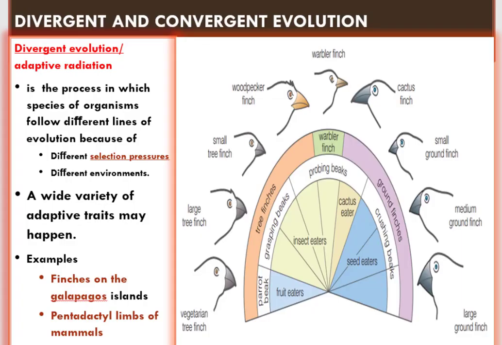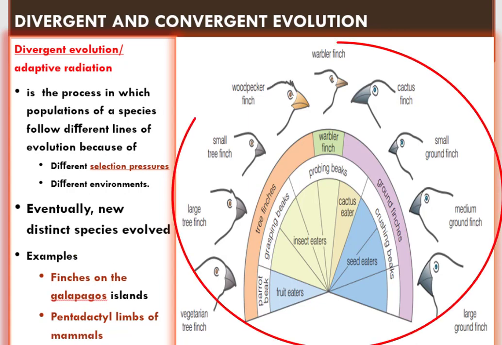Divergent and convergent evolution. What is divergent evolution? Divergent evolution is the process whereby groups from the same common ancestor or species evolve and accumulate differences, which results in the formation of new species.